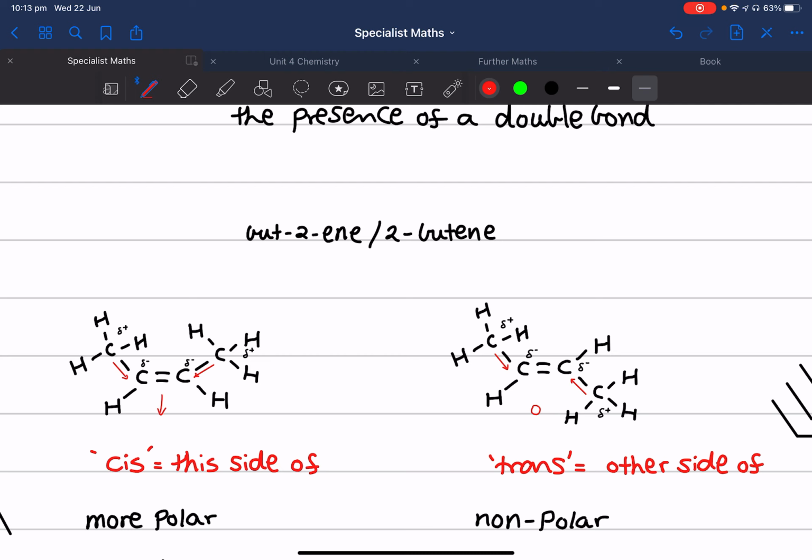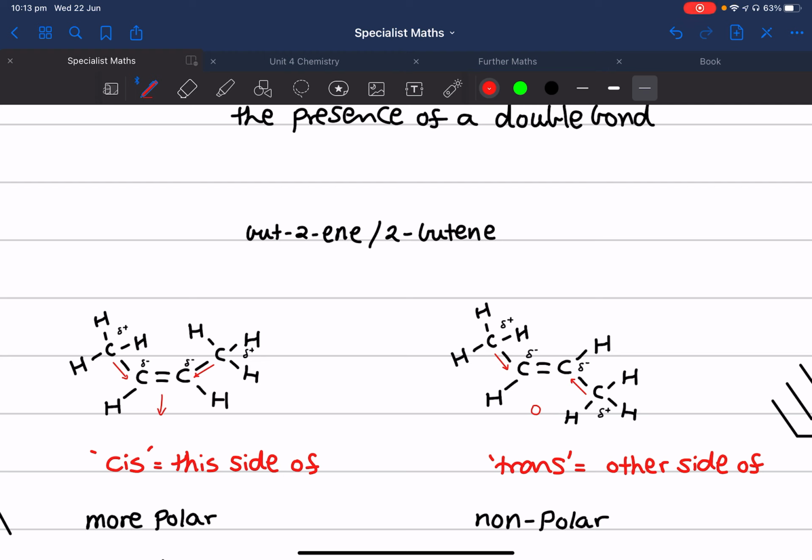The difference in polarity can be applied to a difference in their solubility. If we take water as a solvent, then the cis isomer is going to be slightly more soluble than the trans isomer due to its greater polarity. For butene, this difference isn't going to be a lot, but it's nevertheless still a difference.